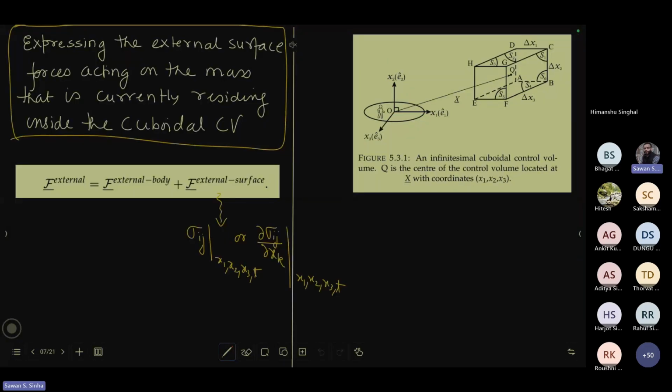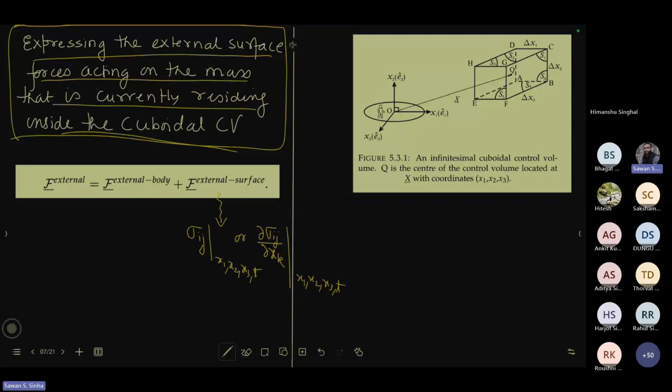Now let's come back to the motivation why we started talking about the stress tensor. My motivation was to be able to express the external surface forces acting on the mass that is currently residing inside the cuboidal control volume.